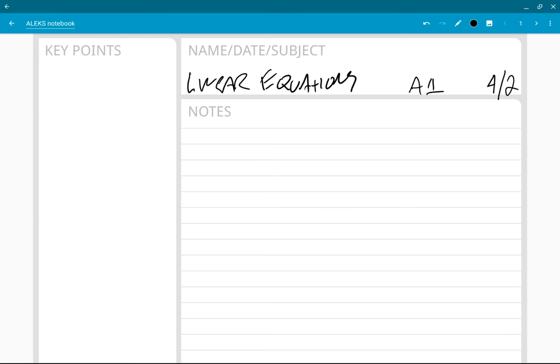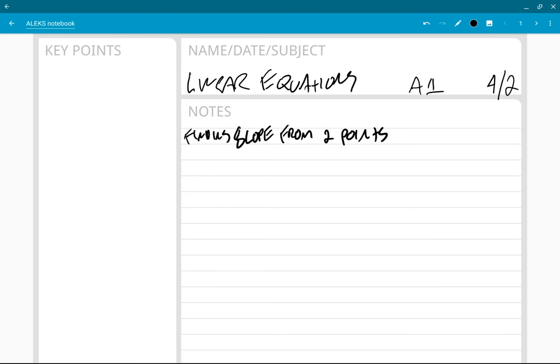Okay, then if you go down into your notes, before you get started, you want to write which specific assignment you're looking into. So let's say we're under linear equations. So let's say we're looking at finding slope from 2 points.